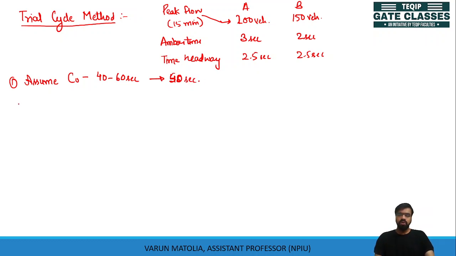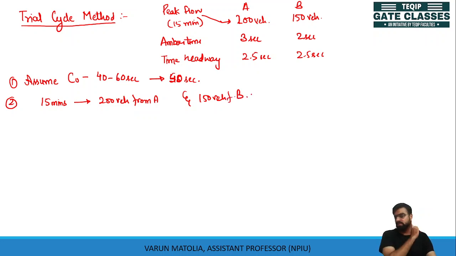Now what we know is that in 15 minutes, around 200 vehicles from A direction and 150 vehicles from B direction cross the section.